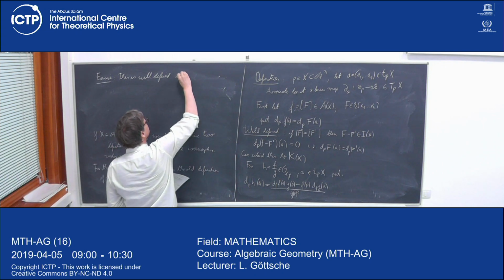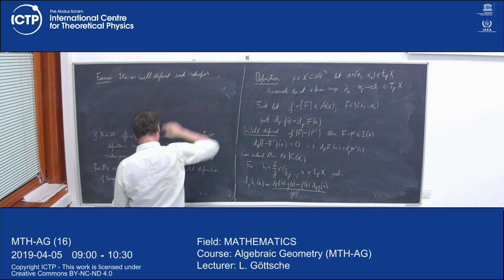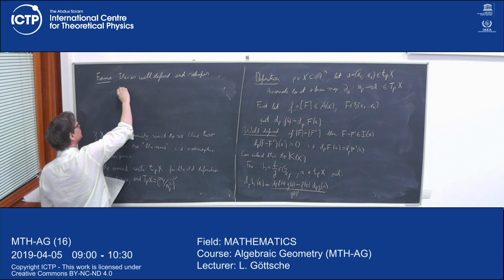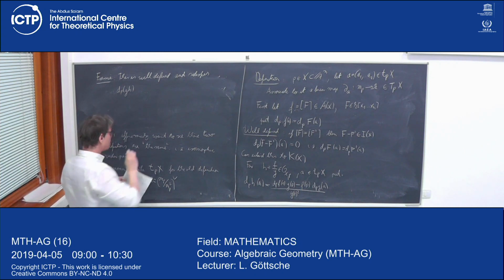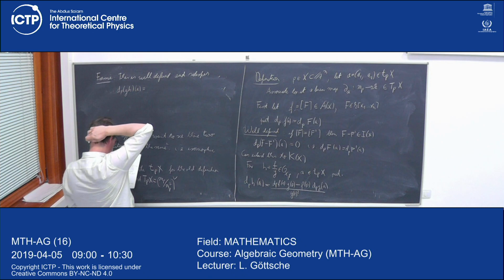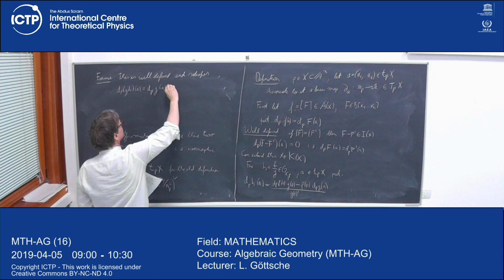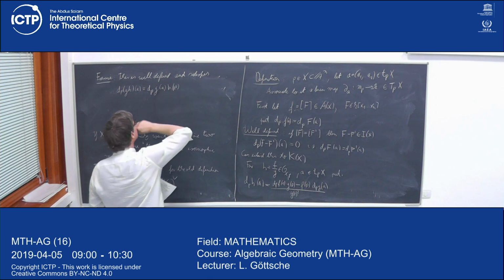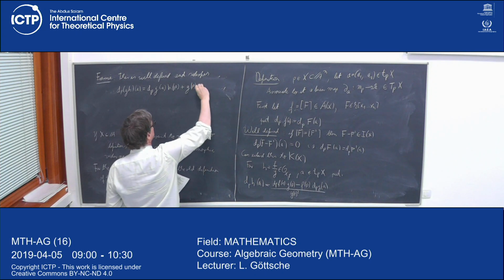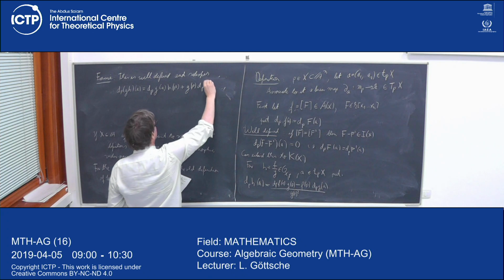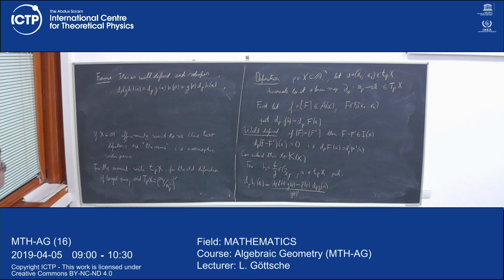And it still satisfies the Leibniz rule: for G and H now elements in the local ring, dp of GH of A is equal to dpG of A times H of p plus G of p times dpH of A. Okay, so this is all just computation.